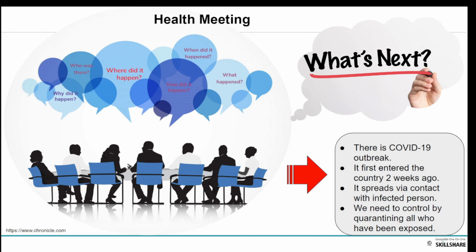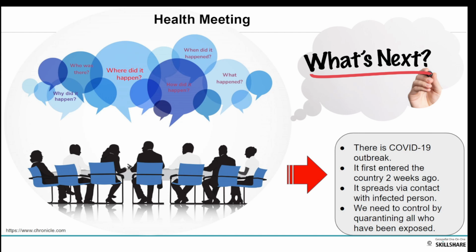After this meeting, there's going to be a conclusion, and these conclusions are supposed to be actionable goals that would lead this group to achieve their objective. Now, after this meeting, let's assume that these are the conclusions that were agreed on. The first, that they have all come to agree that there is a COVID-19 outbreak.